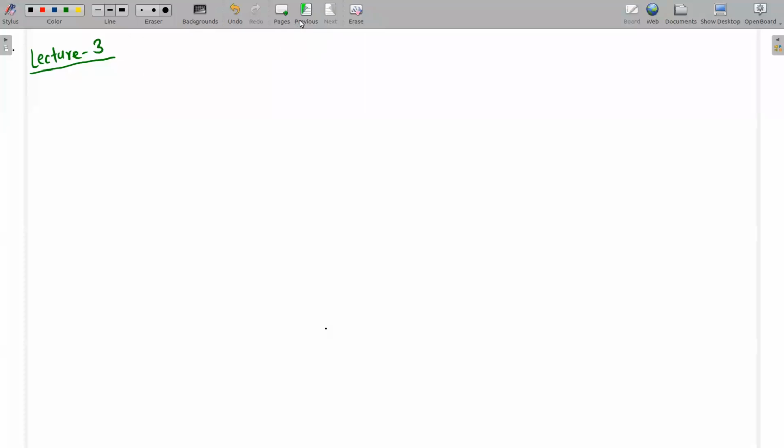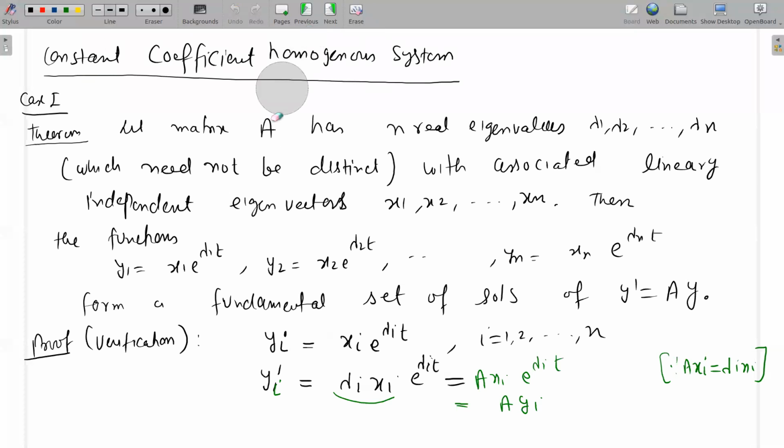So we stated the theorem which says that if the coefficient matrix has real eigenvalues, need not be distinct, but you got n linearly independent eigenvectors, then solutions are in this form, x1 e power lambda 1 t, etc. And we verified that in fact these satisfy the given differential equation.